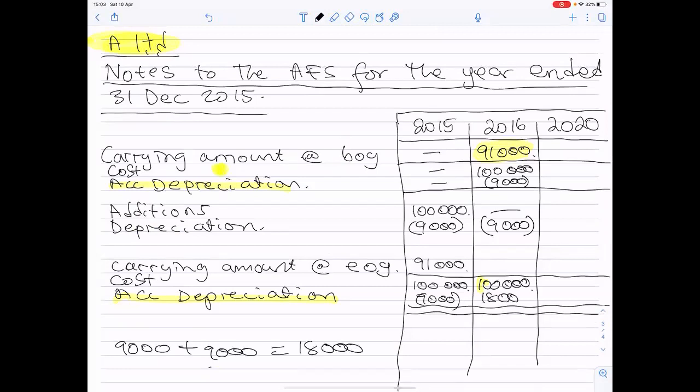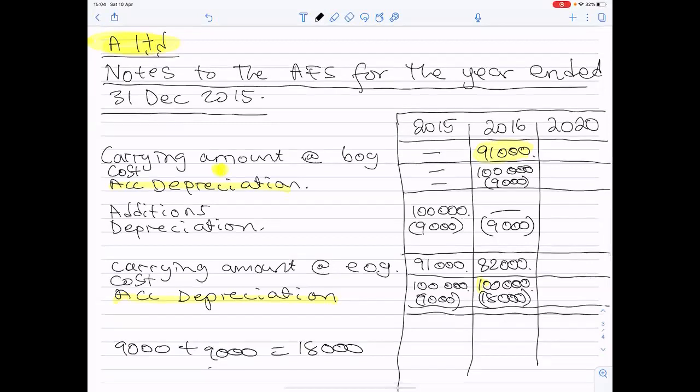So I'm going to put my 18,000 there. 100,000 minus 18,000 is going to give me, is it 82? Yes. Am I right? Yes, it's 82,000. Questions, additions, or subtractions?